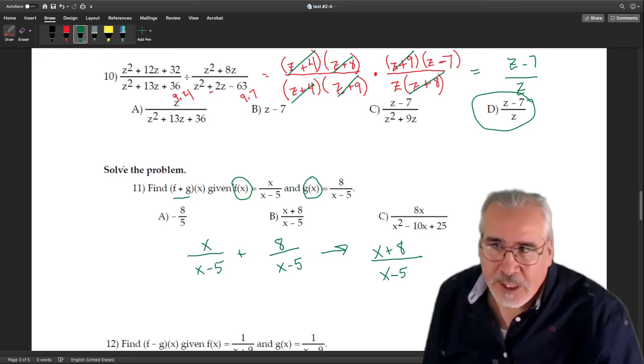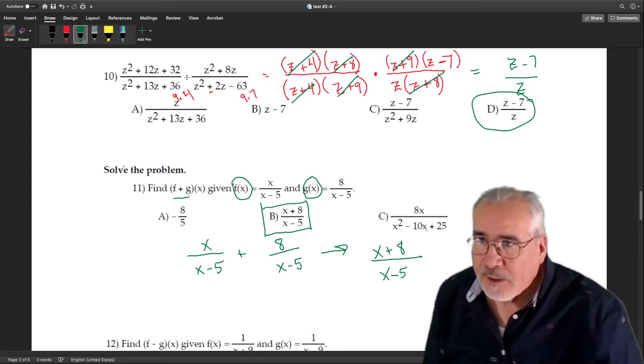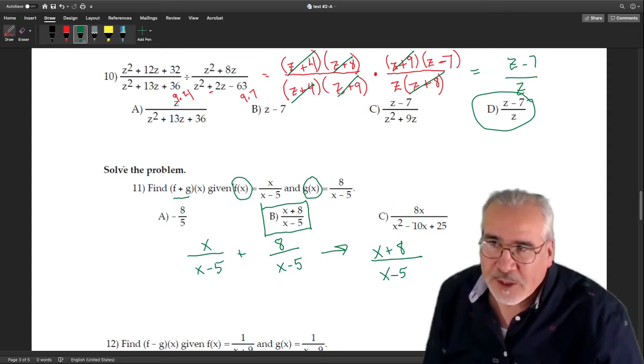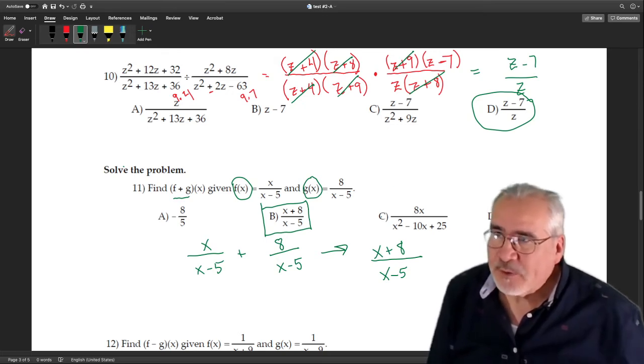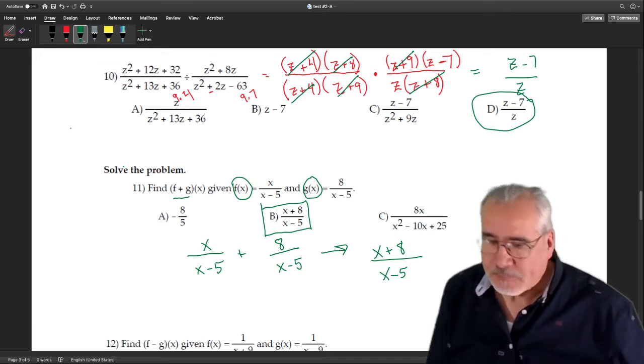Because we already got a common denominator. That's just option B. And notice this one, I think they multiplied x minus 5 times x minus 5, but the top part, you could do that, but you'd have to do that to the top, and that's not what we got there. So that's that one right there. Just add them together, common denominator already.